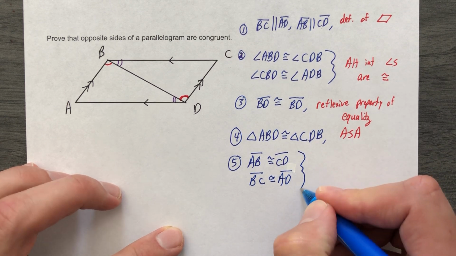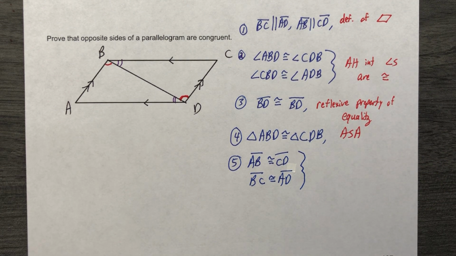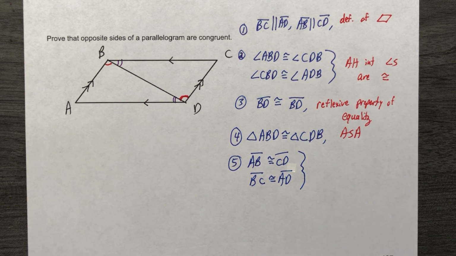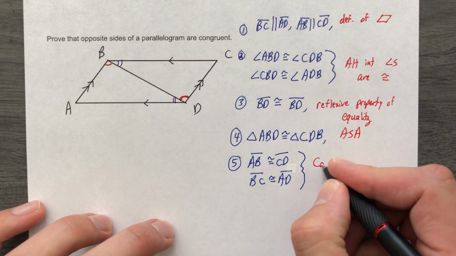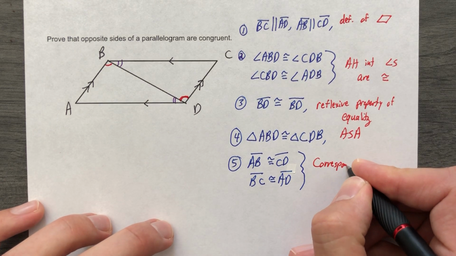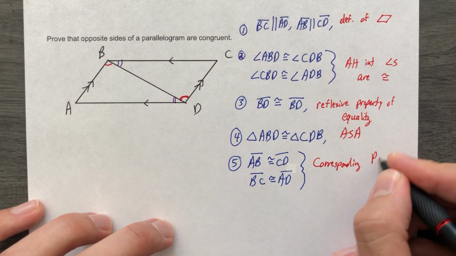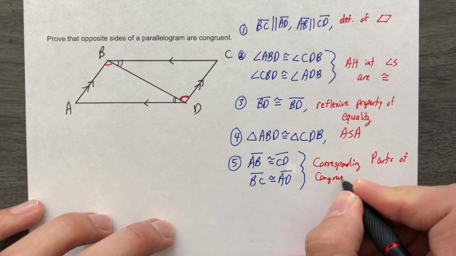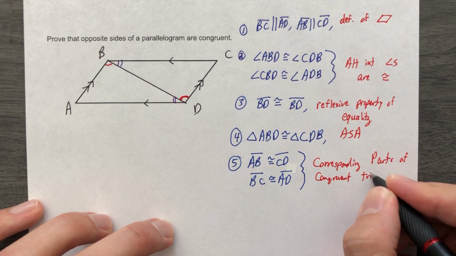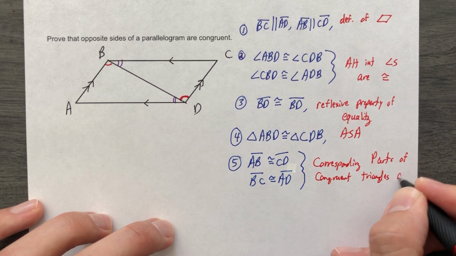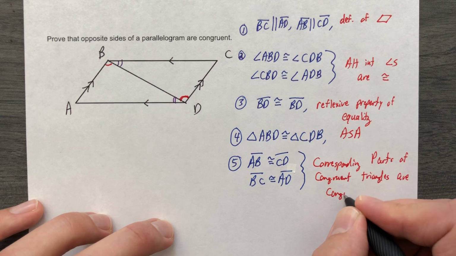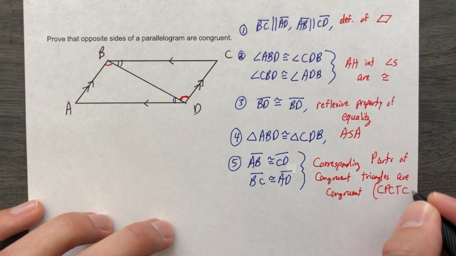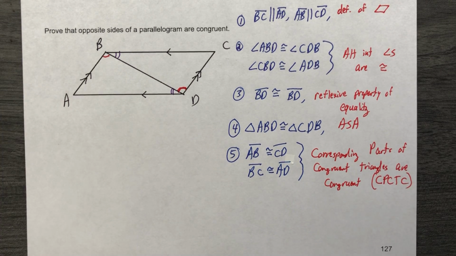And I know all of that because, and this is going to get a little wordy, I just proved that two triangles are congruent, so therefore their corresponding parts must match up as well. So corresponding parts of congruent triangles are congruent. CPCTC. Let's write it like that from now on.